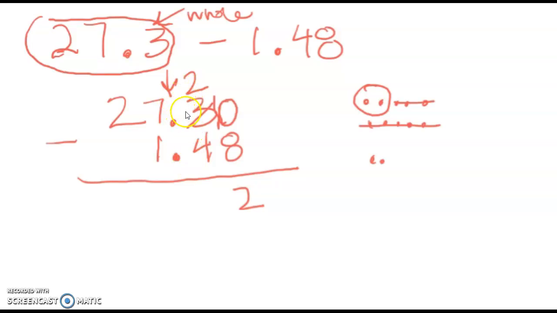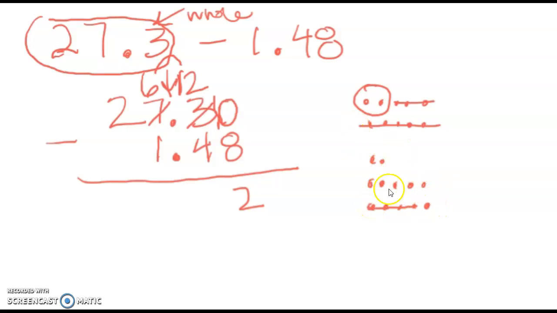So what do I do? I have to borrow. I borrow from my ones. So I have 7 ones. I'm borrowing from my ones, so I take a 1, and 7 became 6. I sent 10 next door. That's 12. Now I can subtract 4.